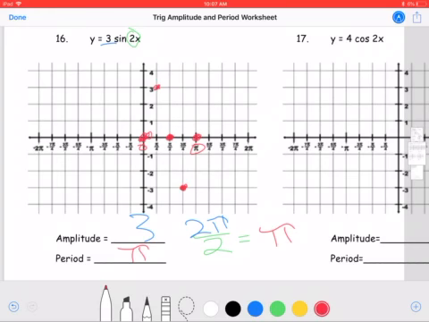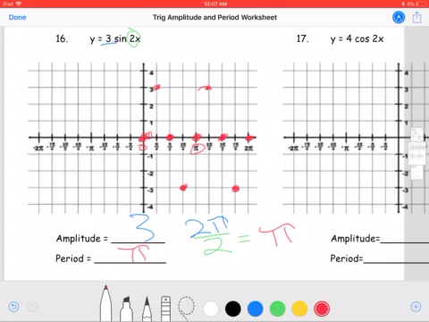And we can keep this formation going. So after pi, it's going to go up to 5 pi over 4. It's going to cruise back down to 3 pi over 2.